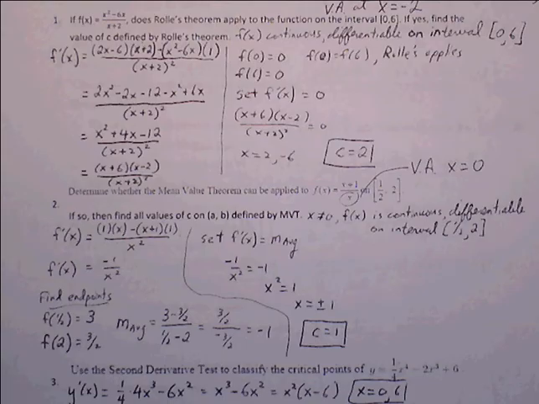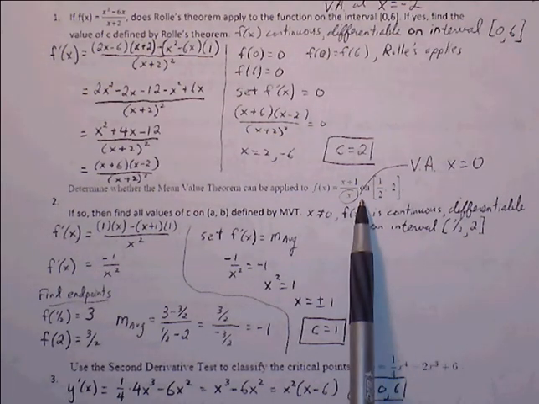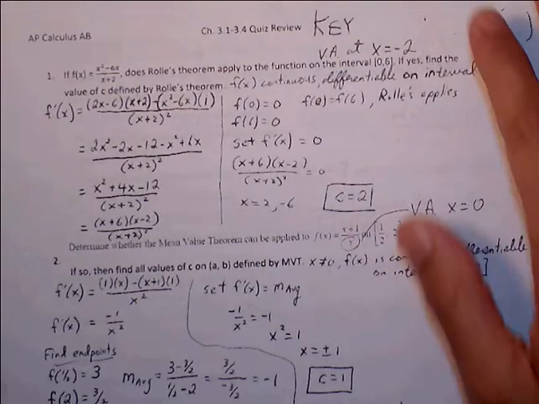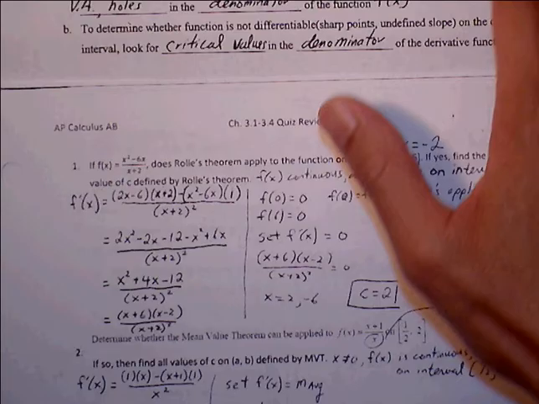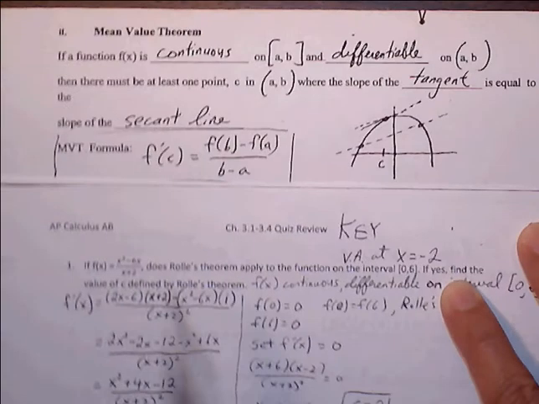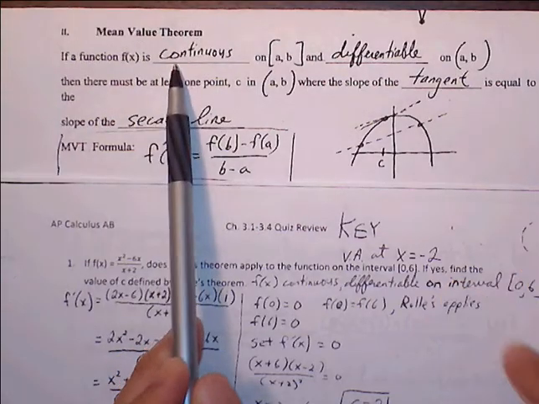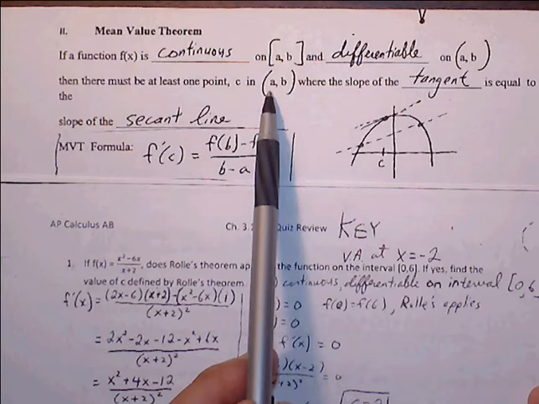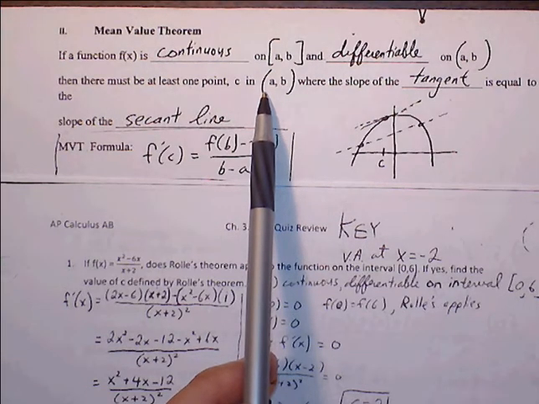Okay. Number 2, determine whether the mean value theorem can be applied to the function. So the mean value theorem, just to review, does not have as many conditions as Rolle's theorem. We still need the function to be continuous and differentiable, but we no longer have to test the endpoints to see whether they are the same y value.